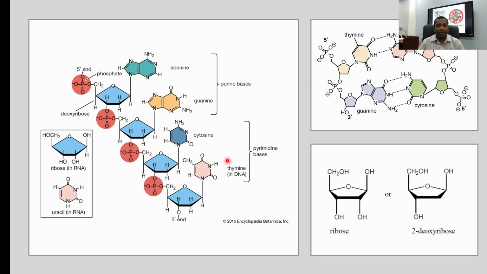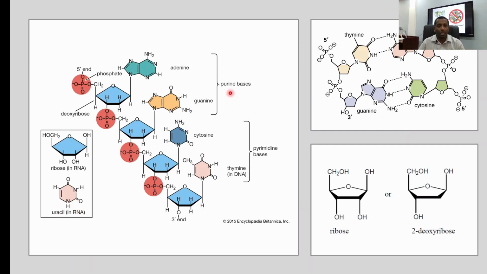bases, purine and pyrimidine. In DNA, the two pyrimidines are cytosine and thymine. They are six-membered ring compounds. And in RNA, instead of thymine, we have uracil.